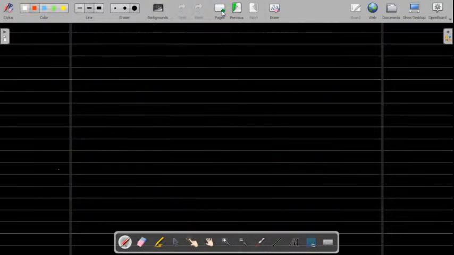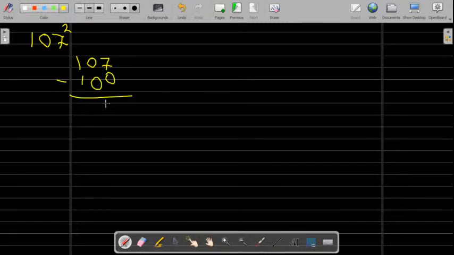Next, we'll take the same type of example. Now calculate 107 square. As I already told, for 107 the difference is 7, right?